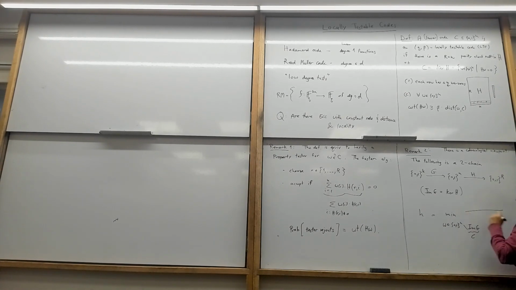And then I'm minimizing over this quotient between the weight of HW and the distance of W from the image of G. This is coboundary expansion.